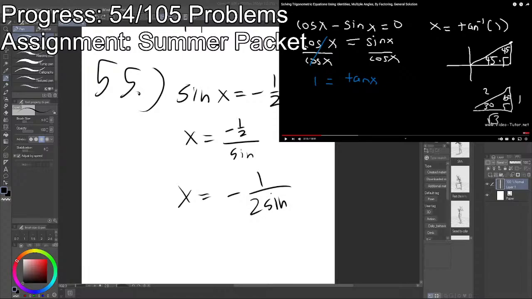So, tan is sine x over cos x. Or it's sine over cos. So sine is y on the unit circle. Cos is x. So when would it equal 1? For tan 0, the y is 0.